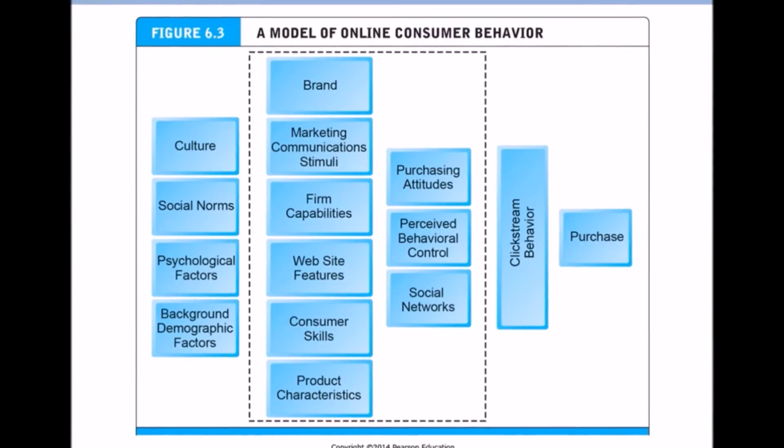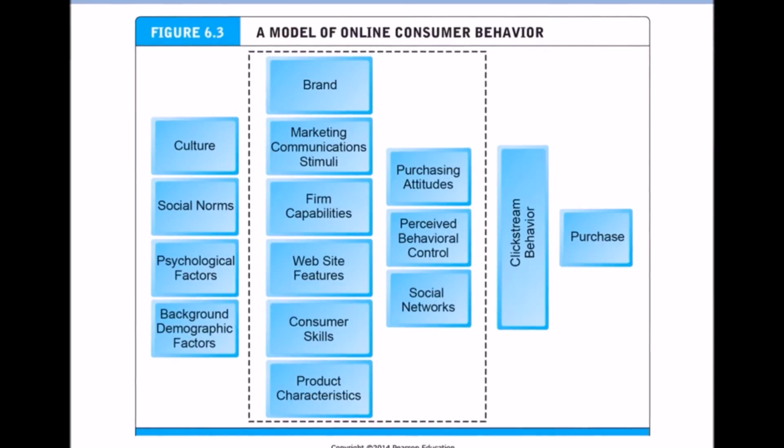Alright, so when a consumer chooses an online channel, why does he choose it, and what is in it for him? The first thing he looks at is 24-hour shopping convenience.